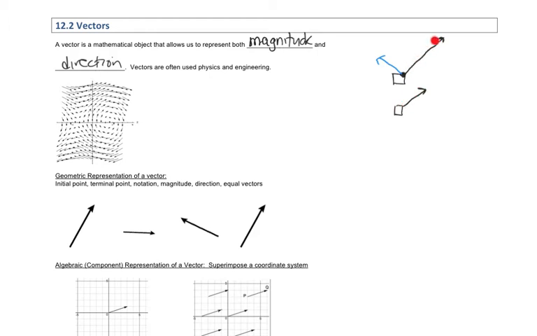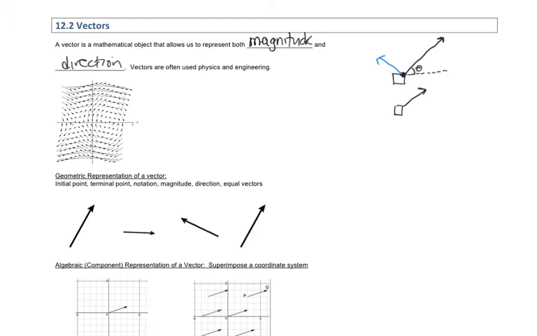So maybe this is a force of 40 pounds, maybe this is a force of 20 pounds. And to specify the direction that we are pulling it, we have to give some sort of reference angle, whether it be from horizontal, from vertical. For now, in math, we'll use the angle in standard position, so relative to the positive x-axis.